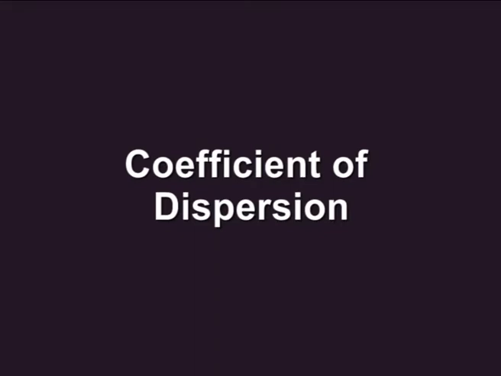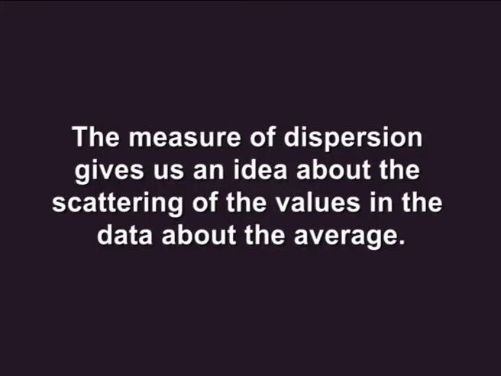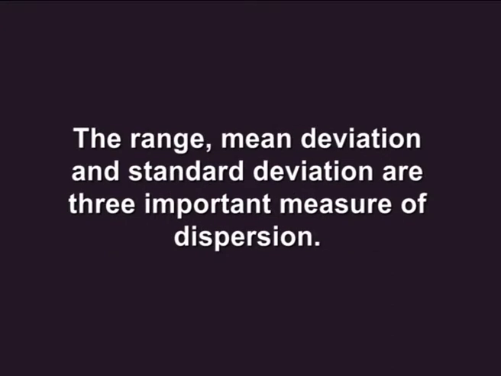We have coefficients of dispersion. Why do we measure the coefficients? The measure of dispersion gives us an idea about the scattering of the values in the data about the average. The range, mean deviation and standard deviation are the 3 important measures of dispersion.